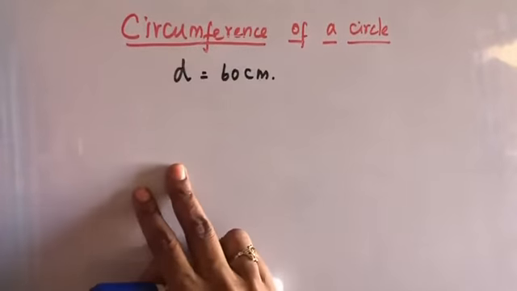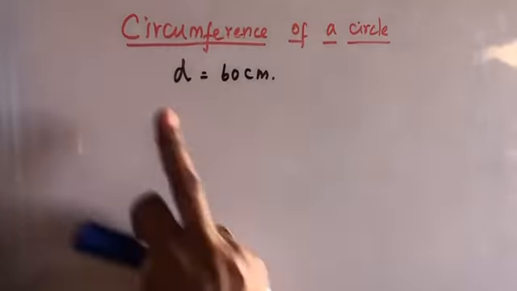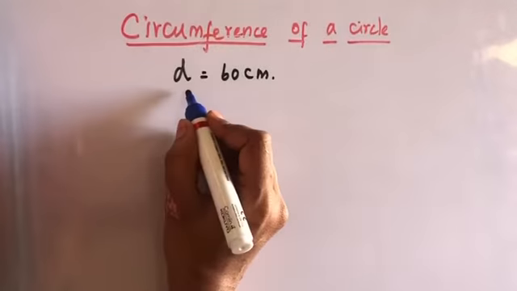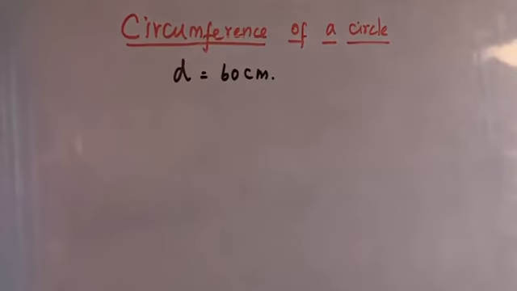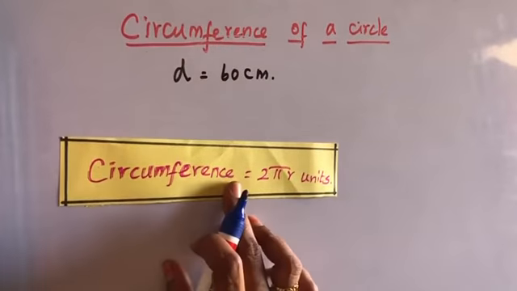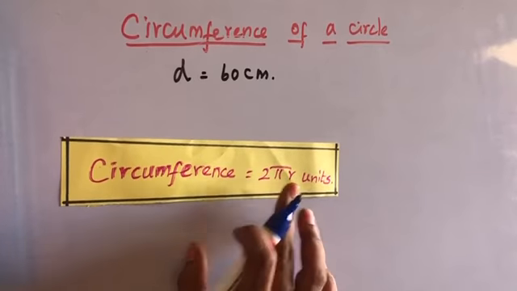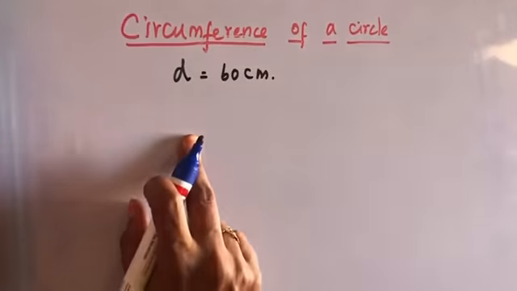Now we are going to calculate the circumference of the circle if the diameter is equal to 60 centimeter. If the diameter is given, we have to find the radius, right? Because the circumference of the circle is equal to 2 pi r units. The r value you have to know. So with this diameter you have to find the radius.